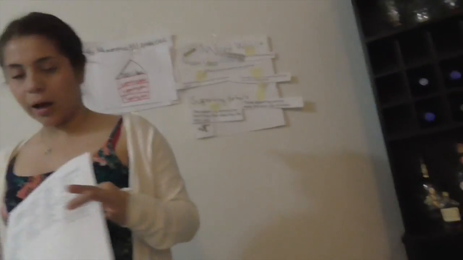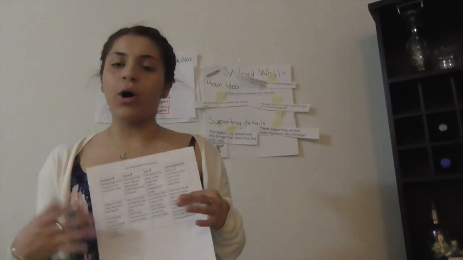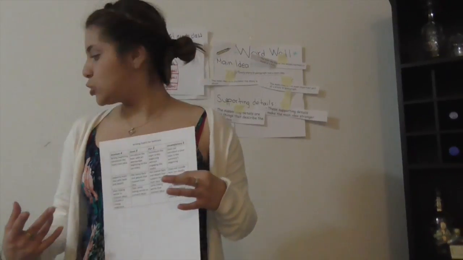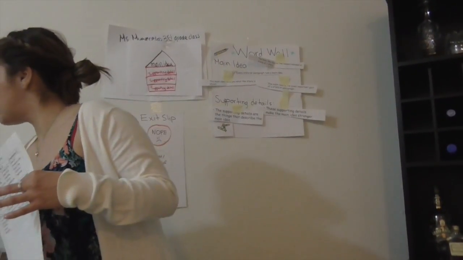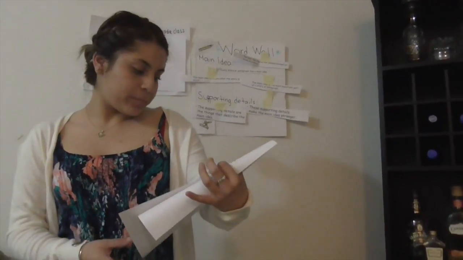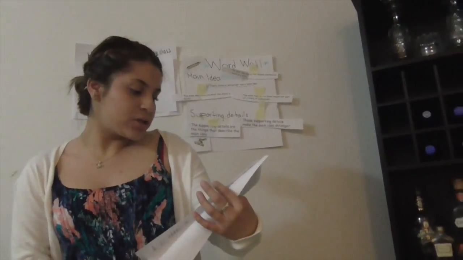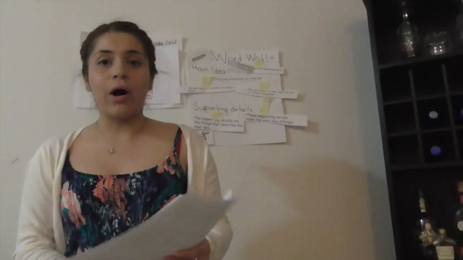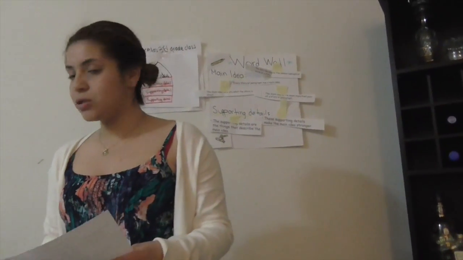So now I'm handing out a rubric. I'm just gonna go ahead and explain to you what your homework is gonna be. So for homework, I want you guys to read this article that you all have in your homework folder, which is called Adapting to Survive. So as the homework, I want you guys to write a summary. A brief summary.